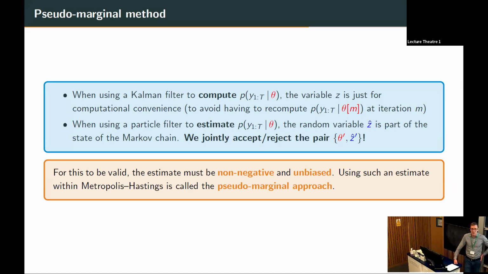So we need to keep track of this along with the thetas. And if I accept a value for theta, I also accept its corresponding likelihood estimator. So it's really a Markov chain now on the pairs of thetas and Z hats.